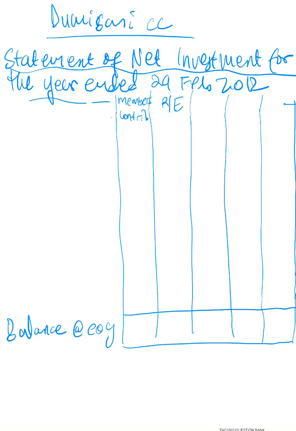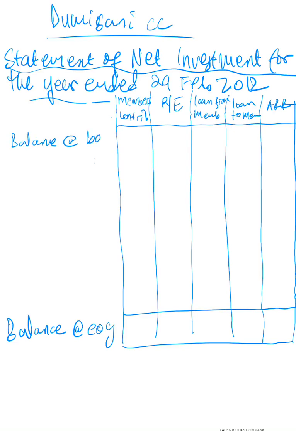So retained earnings, we have got loan from members, we have loan to members, and the asset replacement reserve. So we've got balance at beginning of year, followed by total comprehensive income, distribution to members.